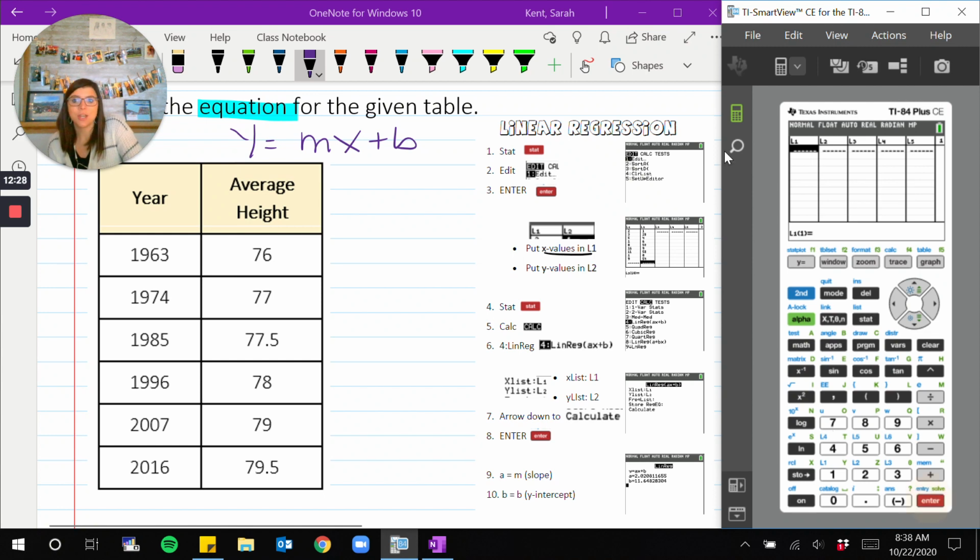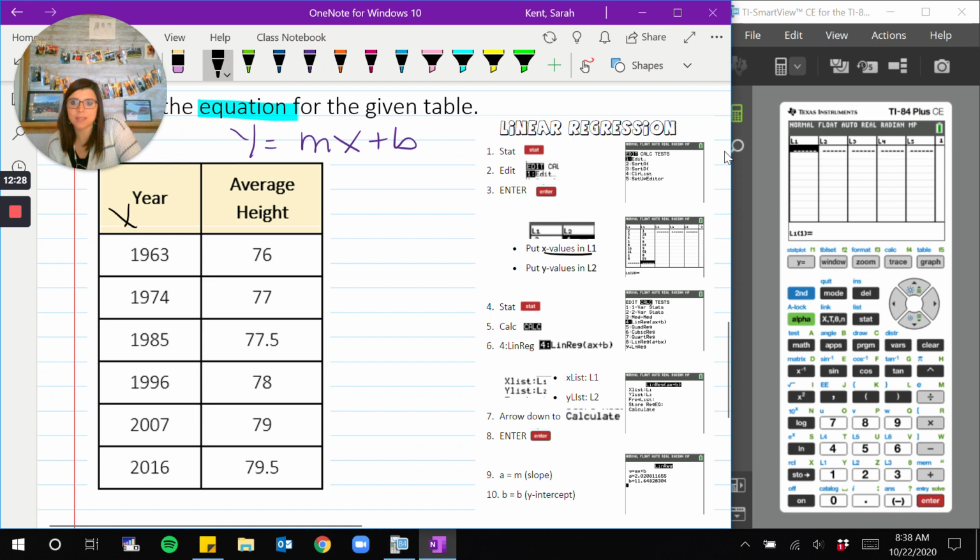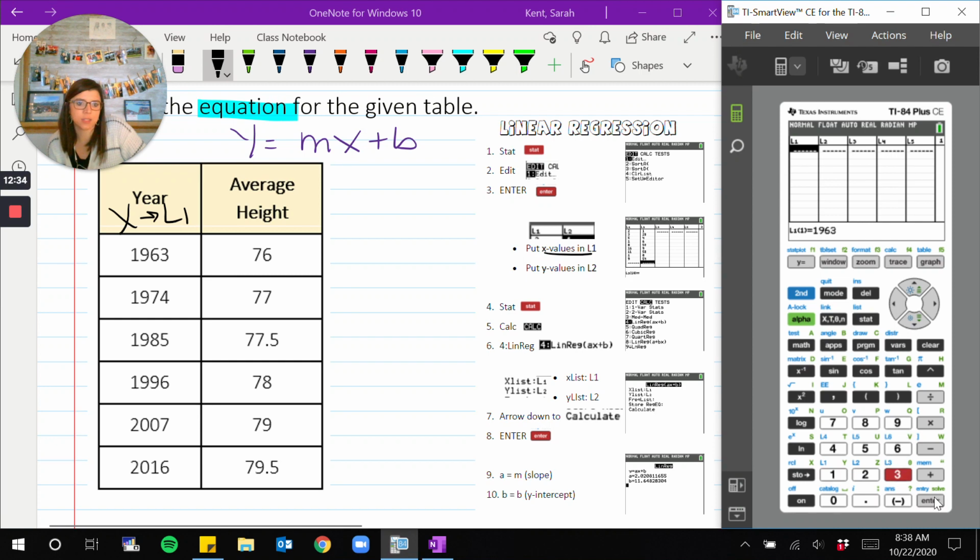My first column is always my x's. So this will go in L1. So I want 1963, enter, 1974, enter, 1985, enter, 1996. Oh, that's too many nines there. Take one out.